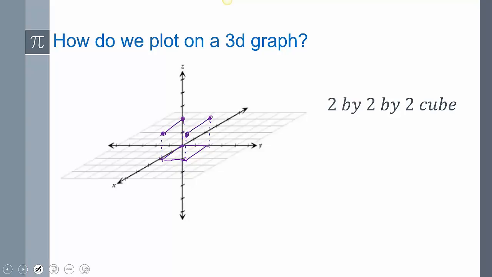I think it's stretched a little, which is why it doesn't look like a full cube. But that's about right. If you imagine the box sitting there in that 3-dimensional space, it goes along the x, it goes along the y, it goes along the z, and then we have our box.